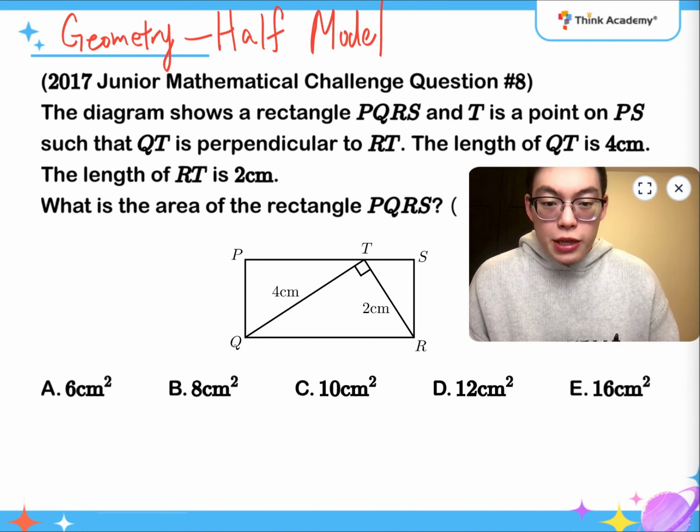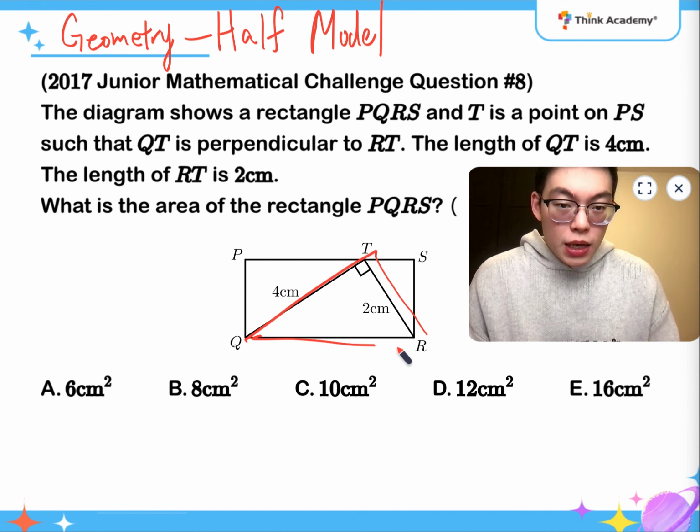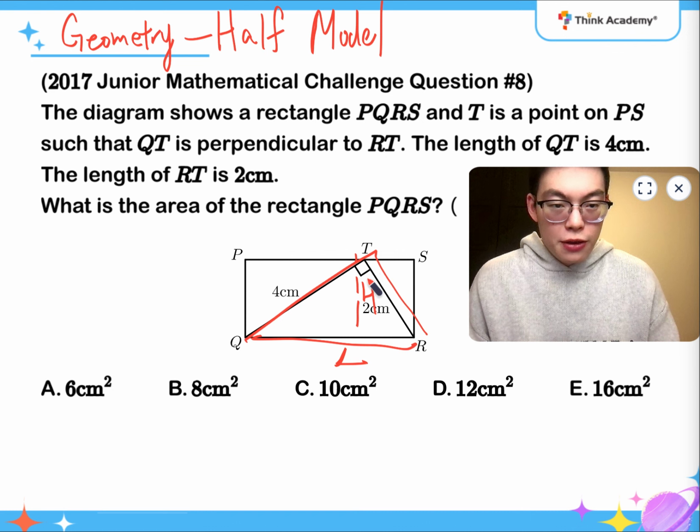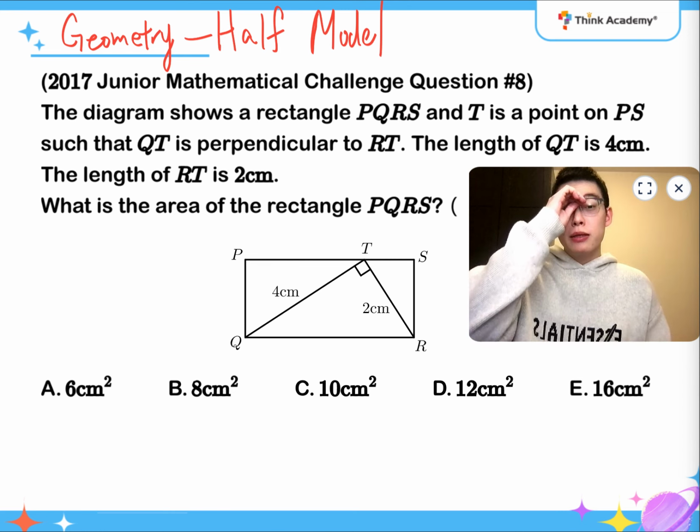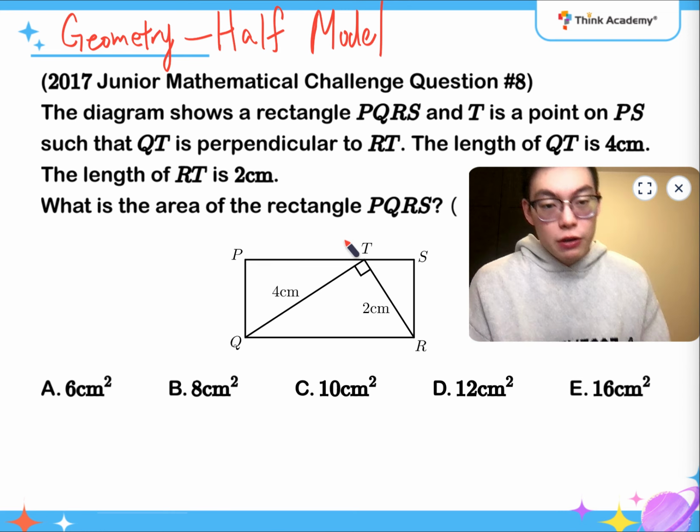Or the other way you can think about it is that this triangle QTR has base as the length of the rectangle and the height just as the height of the rectangle, or the width of the rectangle. And we know that for triangles, the area has to be divided by 2, right? So that's why it is half of the rectangle.